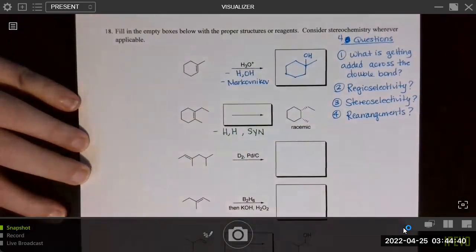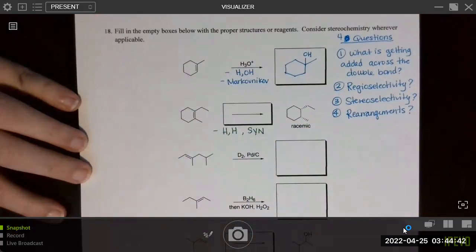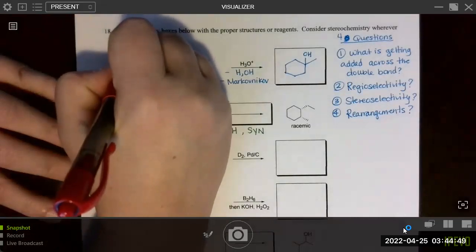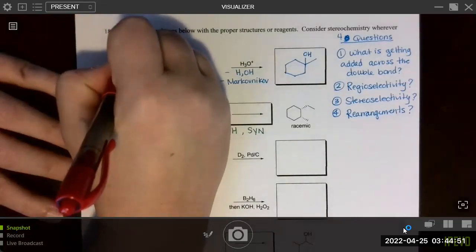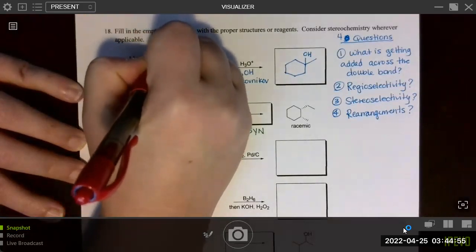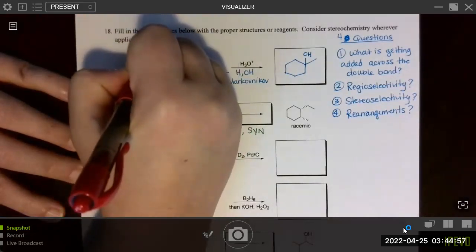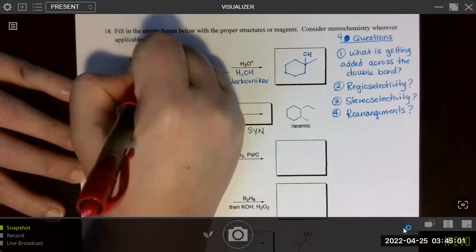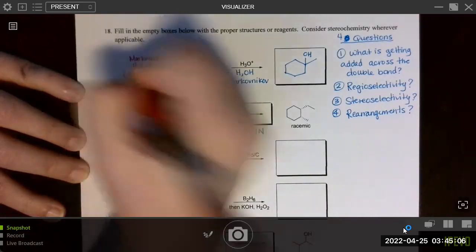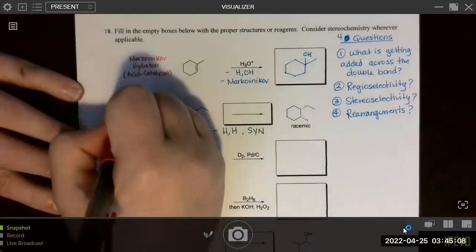So this is a hydrogenation reaction. Maybe we should be writing in the reactions. Good reminder. This is Markovnikov hydration, and then we're going to do acid catalyzed. This one was a hydrogenation.